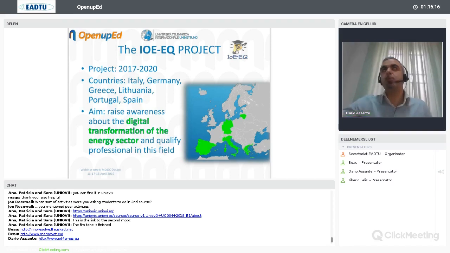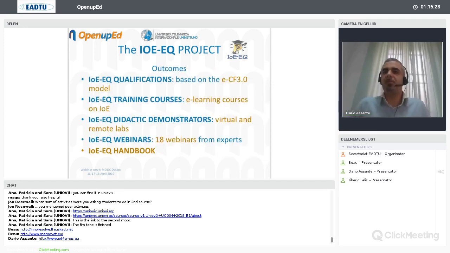We could say that IOE stands for Internet of Energy, which can be seen as a restriction of the Internet of Things to the energy sector. For the same reason, there are several similarities to the previously presented IoT for SMEs project.